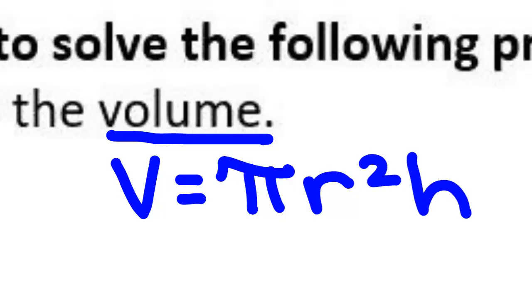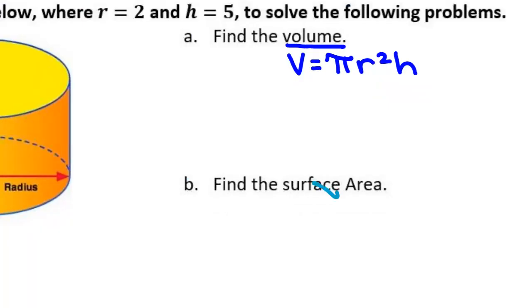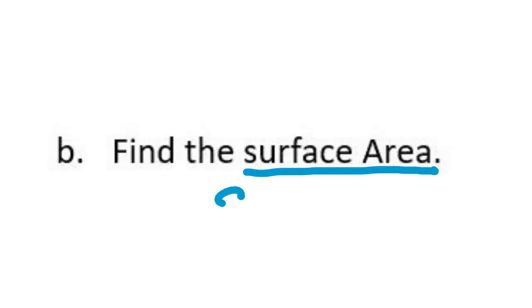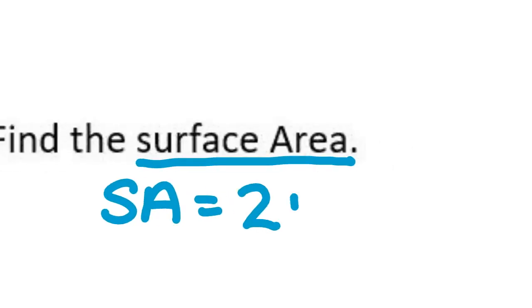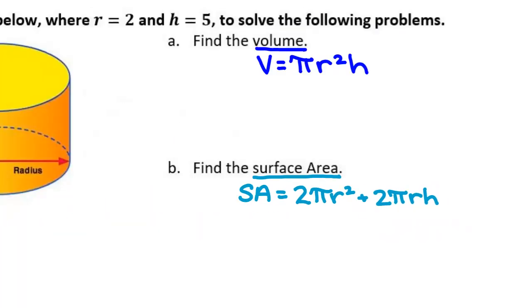All right, we're going to find the volume and the surface area of this cylinder pictured here. So the volume formula is pi r squared times the height. And the surface area formula is 2 pi r squared plus 2 pi rh.